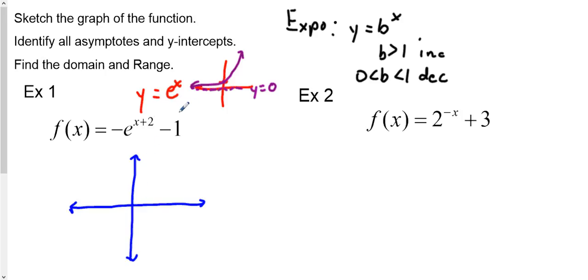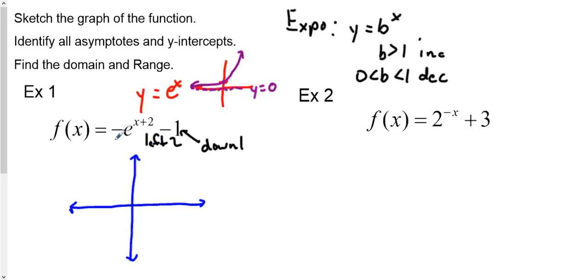So looking at this, we have negative e to the x plus 2 minus 1. What is happening? Well, we are going to be moving it to the left 2. So all our points are moving to the left 2, and all our values are moving down 1.